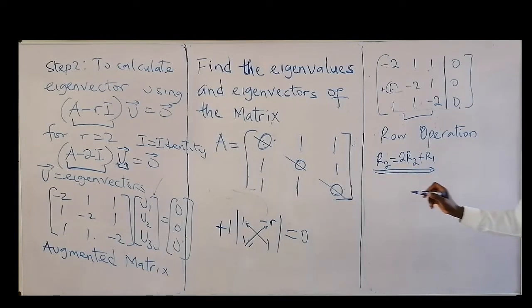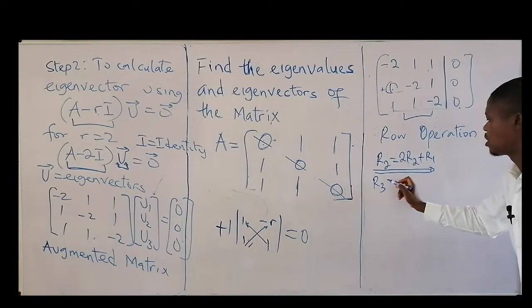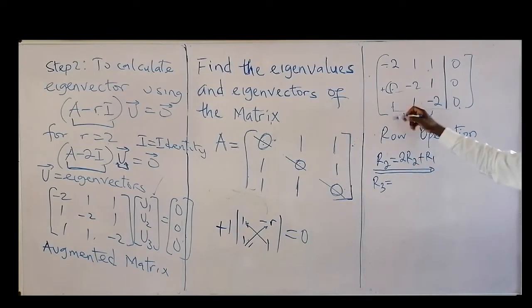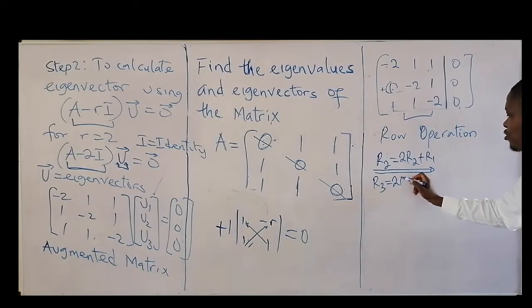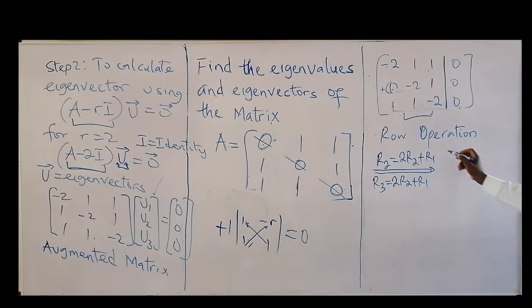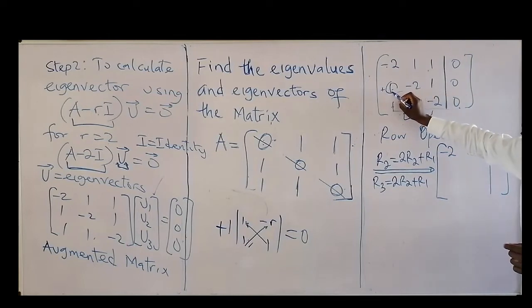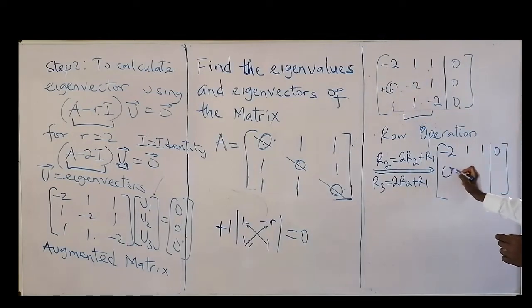Then row 3 also, this is also 1, the same thing. That will be 2 row 3, plus row 1. Row 1 is a reference point. It's not changing. It's our baseline. So now this will become 2 plus this, that's 0.